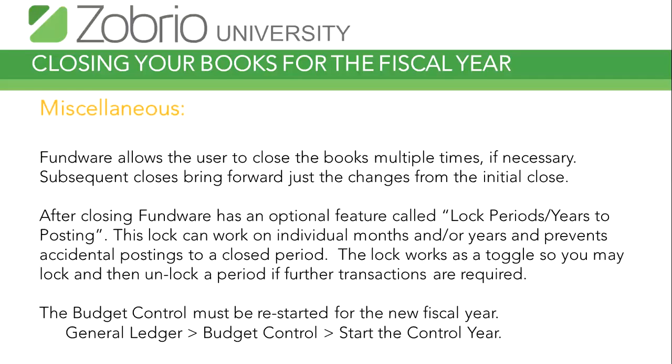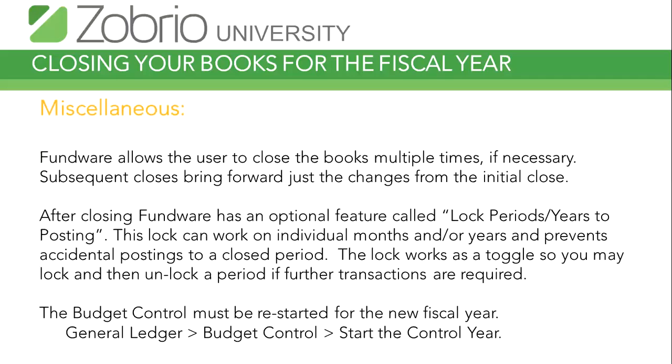And there's intelligence in the software so that if you happen to close your books and make a journal entry into your last month of the fiscal year and you need to reclose, the system will only bring forward the net difference.